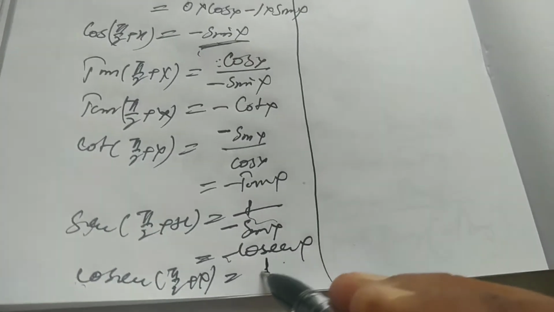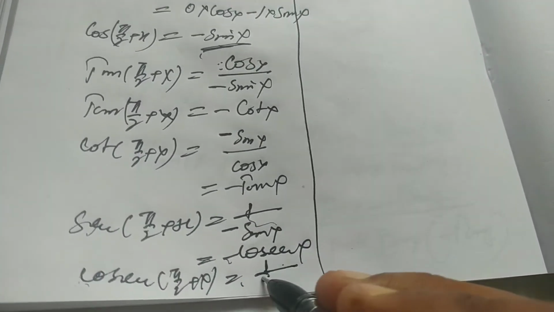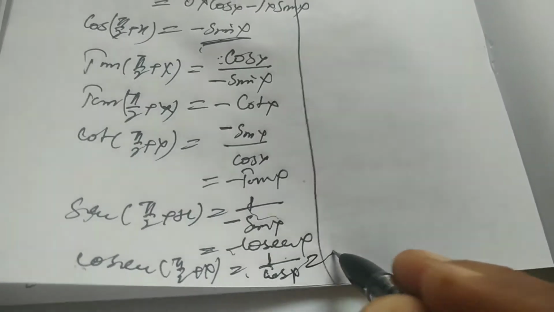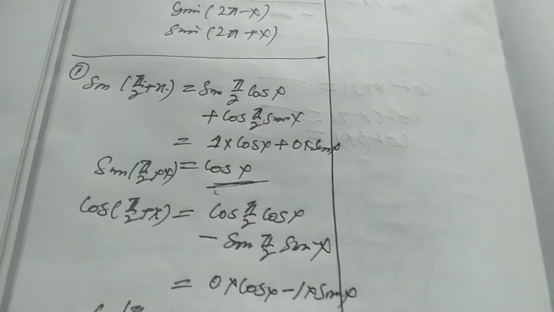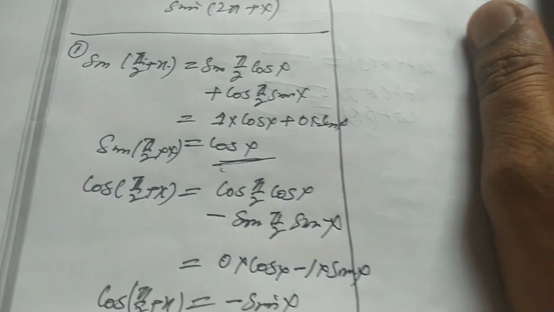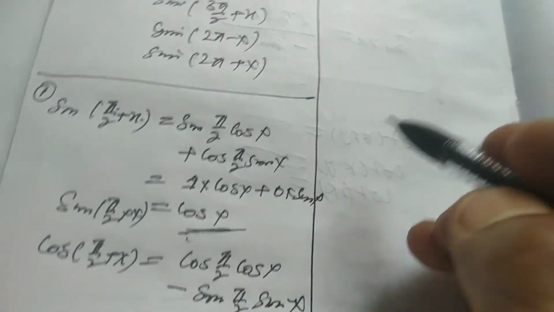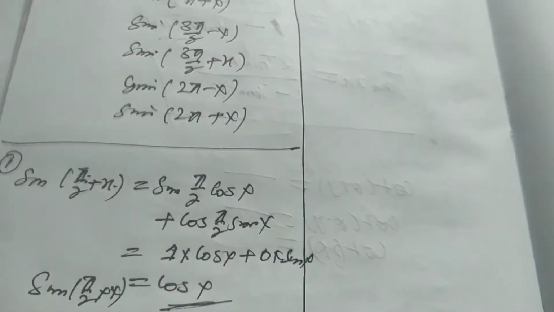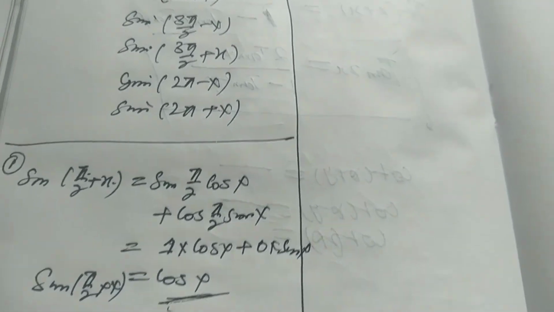It is 1 upon sin(pi/2 + x), which is cos x, so it is sec x. So that is the allied angles, sin(90 + x), cos(90 + x). We have solved it using the rules of the sum and difference of angles.